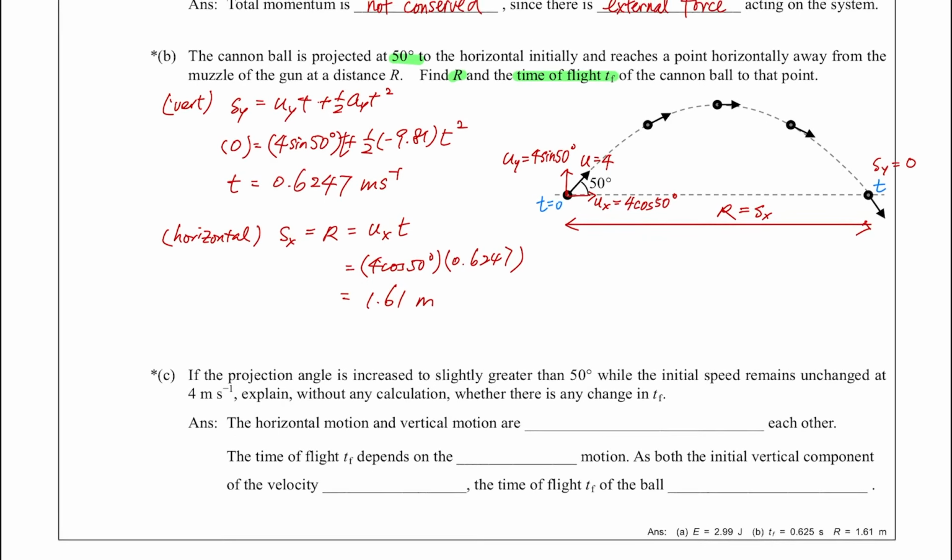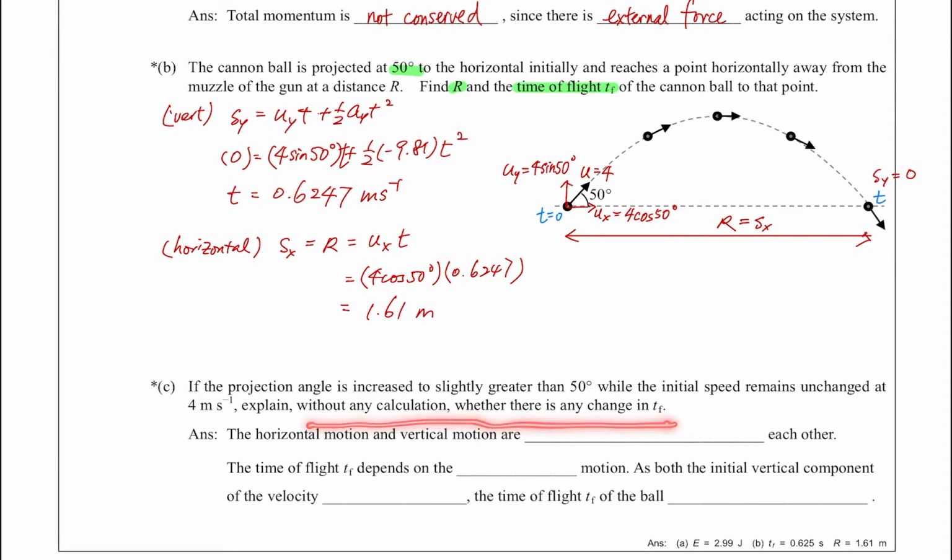Part C. If the projection angle is increased slightly greater than 50 degree, originally it is 50 degree, now it's greater than 50 degree, initial speed remains unchanged. Without any calculation, is there any change in the time of flight? Now if originally it is at 50 degree and then it changed to slightly larger than 50 degree, let's say 51 degree.